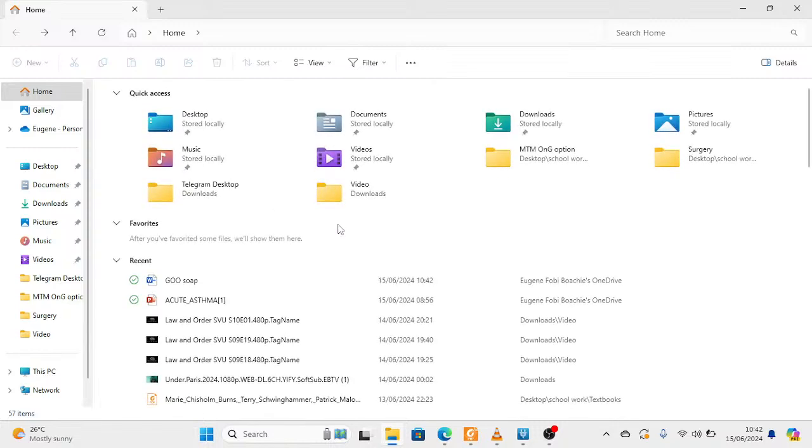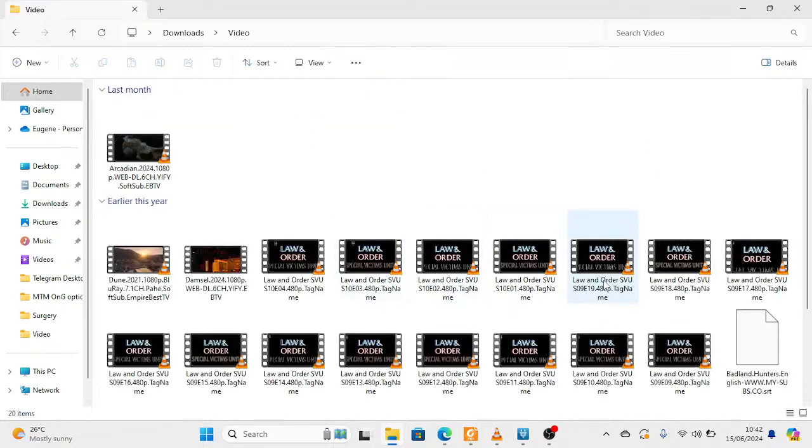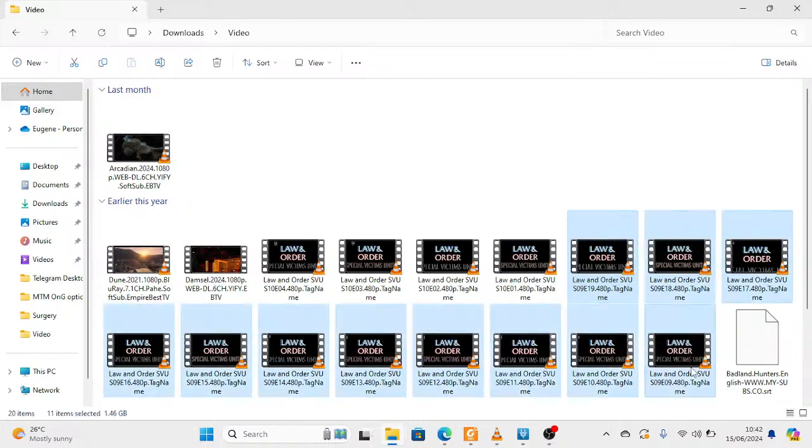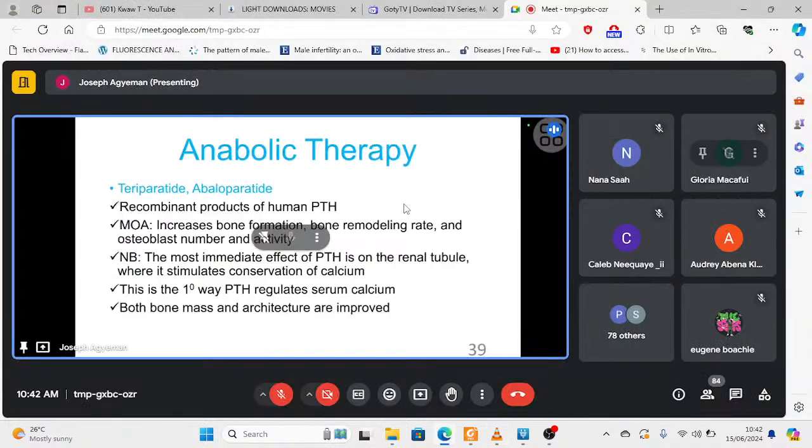How? Because if you are like parathyroid hormone, of course you should be working like parathyroid hormone. And all the things that we've been saying is that the parathyroid hormone will increase osteoclastic activity rather than osteoblastic activity. So why are drugs that look like parathyroid hormone now giving us the opposite? It is so because when it comes to parathyroid hormone, the immediate effect is that it works on the renal tubules to conserve calcium.